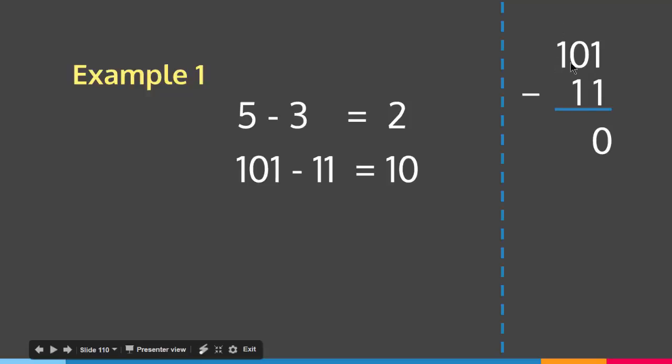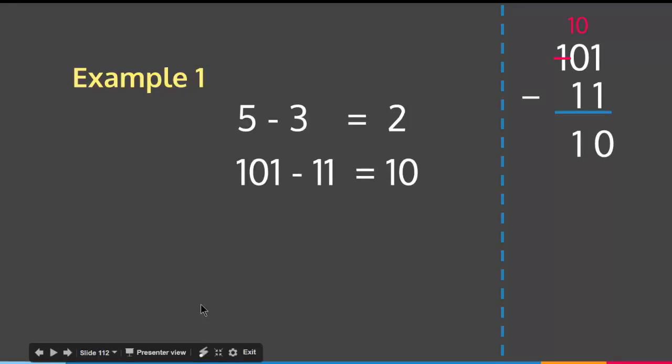You borrow 1 from this one, so this will be 0, and this 0 will be 2. So 2 minus 1 equals 1. So this will be 1, 0, which equals 2. As you can see, 5 minus 3 gives us 2, so 1, 0, 1 minus 1, 1 gives us 1, 0.